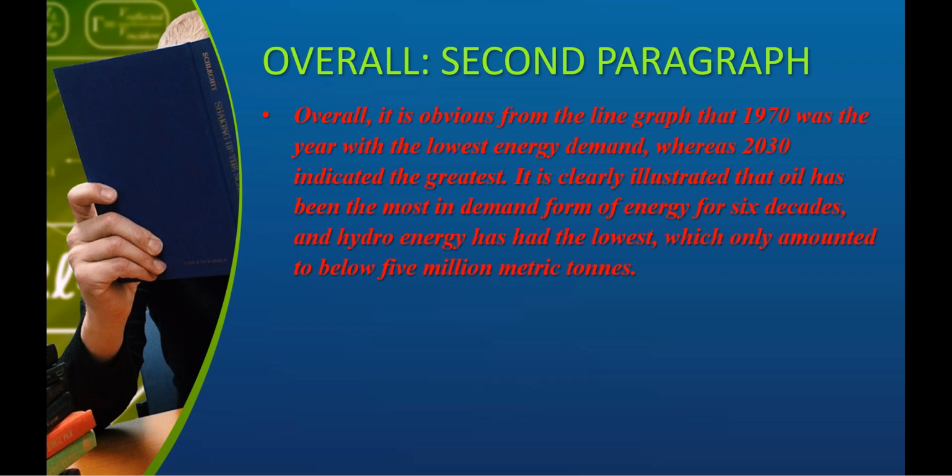Believe me, students, this is a perfect overview second paragraph, and your introduction is great.